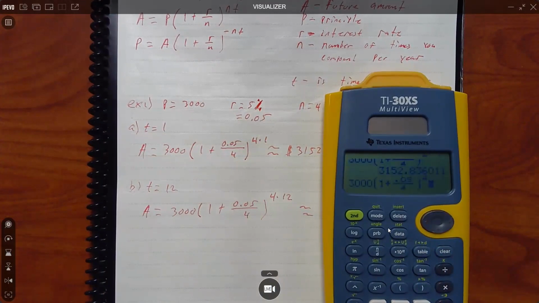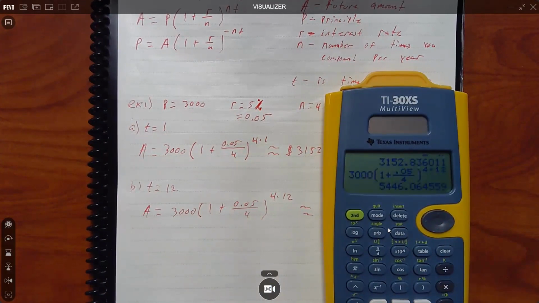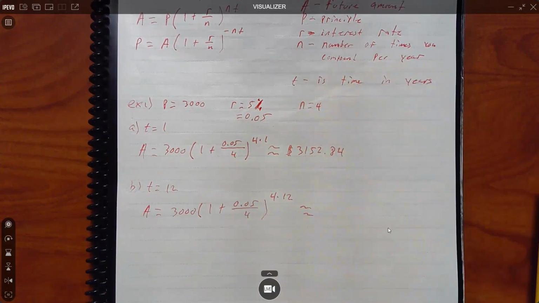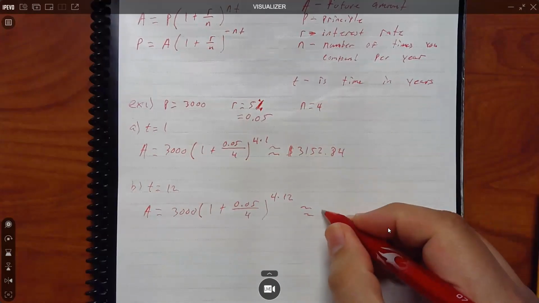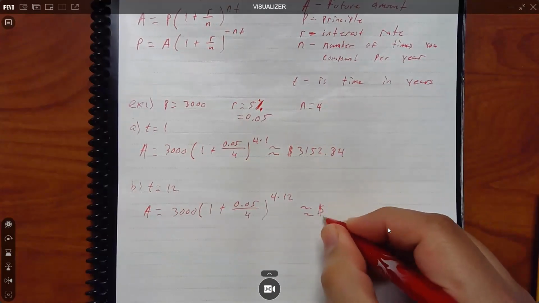So I'm gonna just copy that, do it again, and change this top part to 4 times 12. Just to be lazy. So it'll be 5446.06. Usually they'll tell you to round to the nearest cent, or they might say round to the nearest dollar.